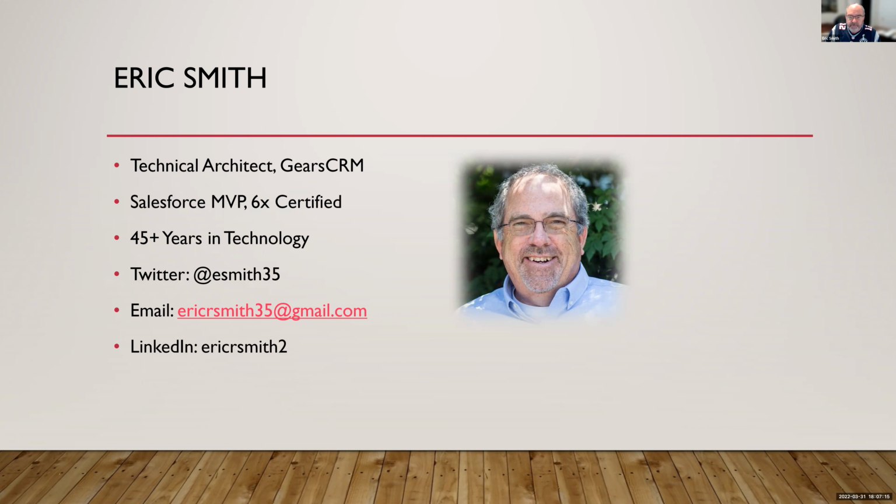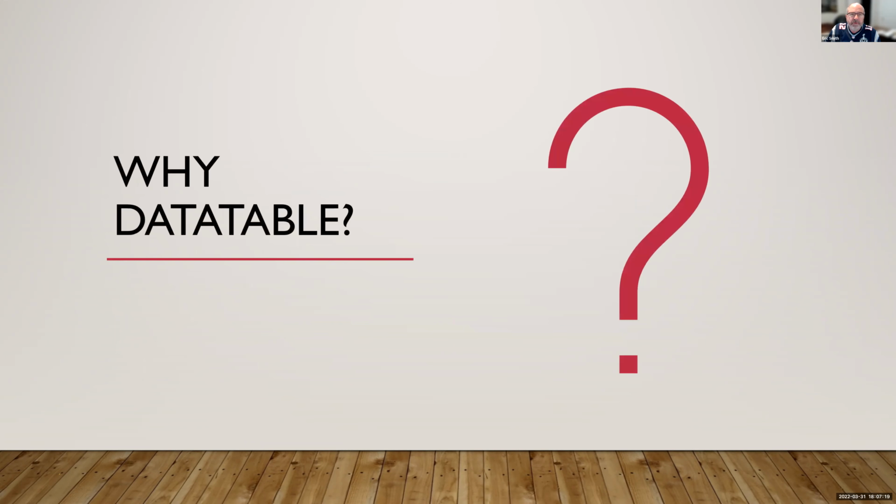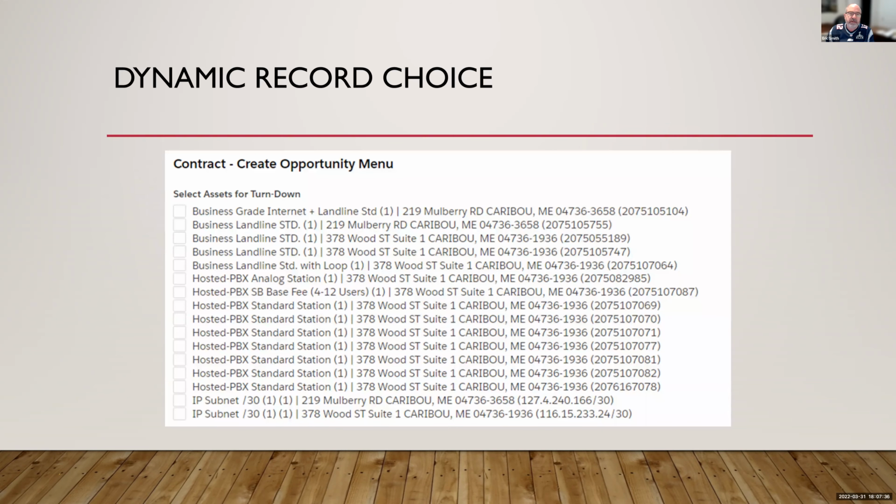So with that in mind, I've created a number of different components and different things, but why did I create the data table component? And the reason for that is I found that when I was creating flows where I wanted to present information to the user to select from multiple records, the only choice that was built into Flow was the dynamic record choice.